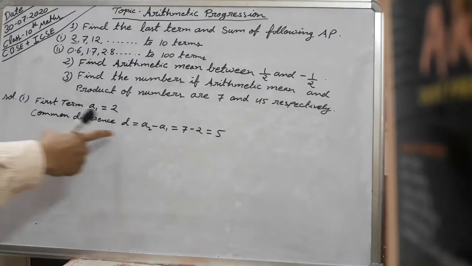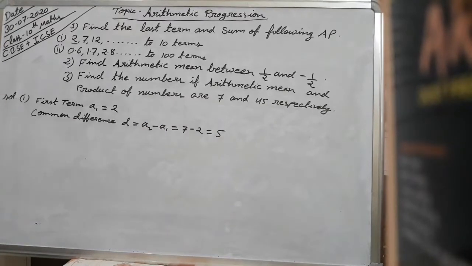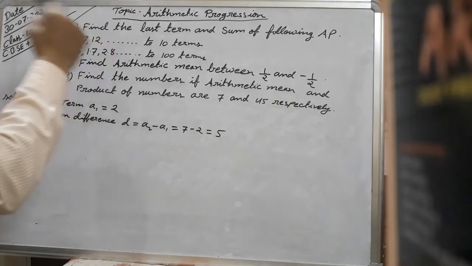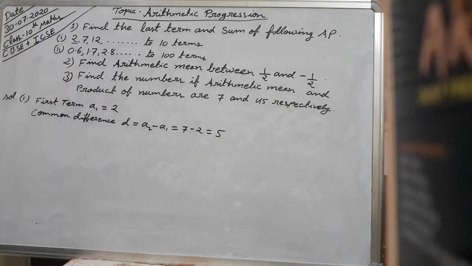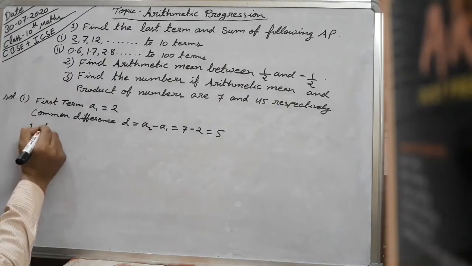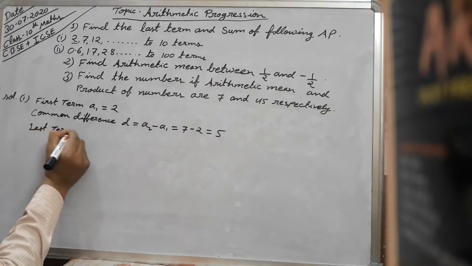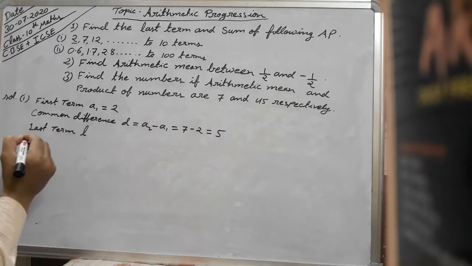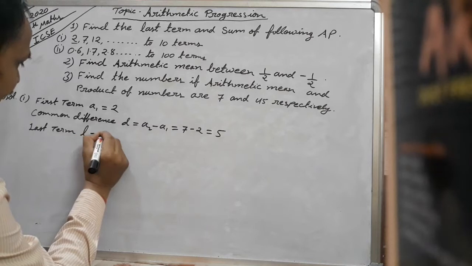Okay, now common difference is 5. Now you have to find the last term or nth term. You can denote last term by L, or we can say the nth term.